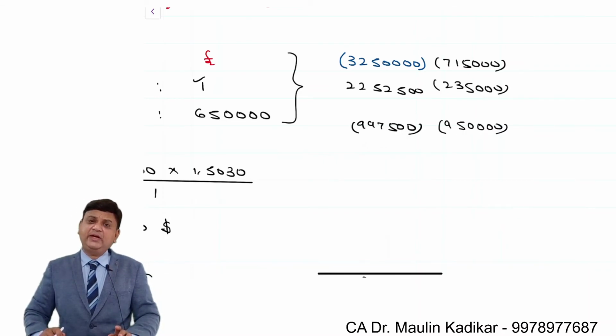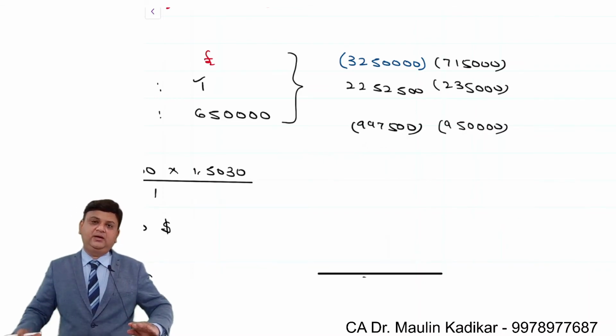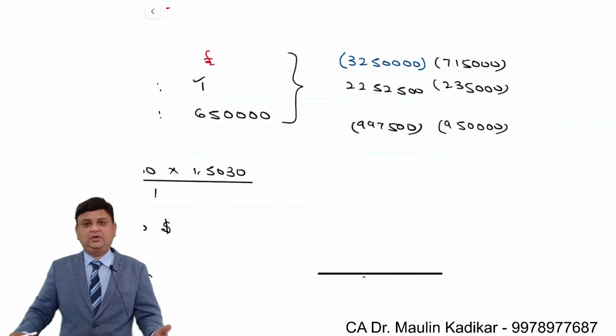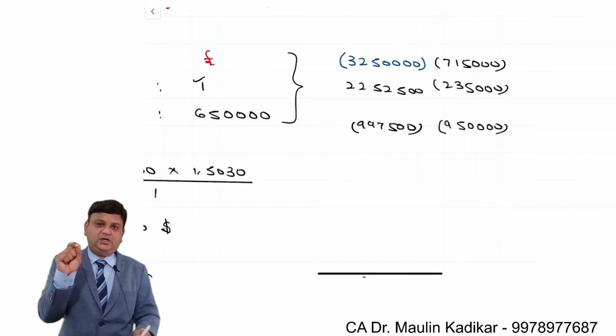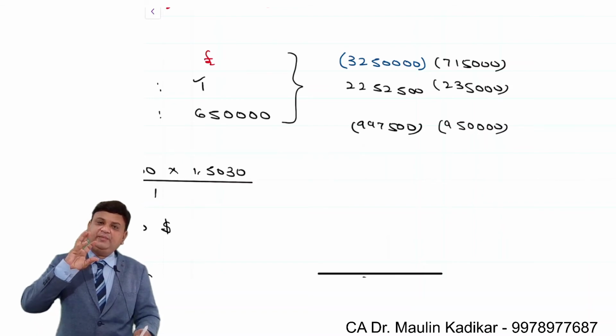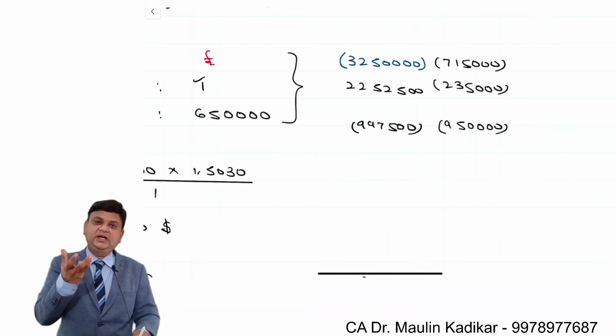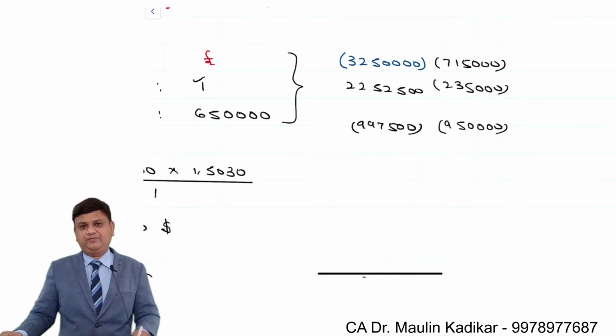See, this method of hedging is not like money market hedge or forward market hedge, where you will have a fixed cost. However, you will be able to hedge substantially. That is what we understand.